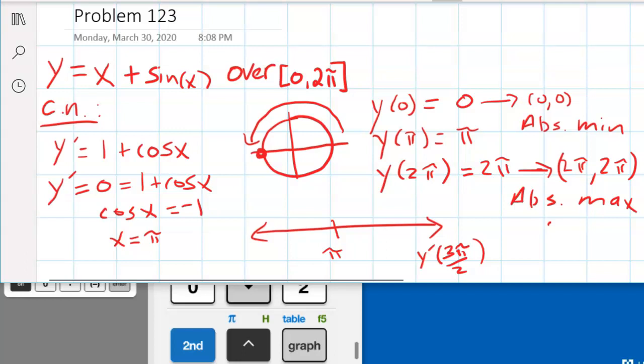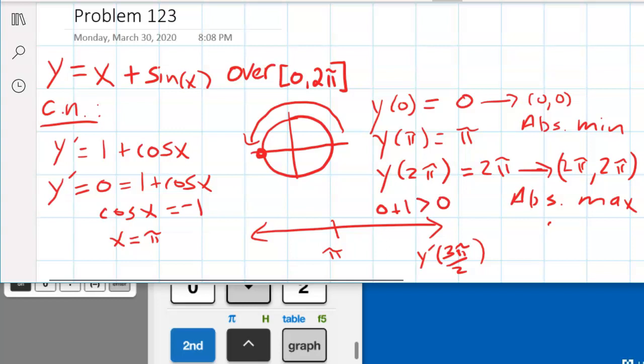The cosine of it is going to be 0. So this will be 0 on this side, and it's the derivative. So that's 0 there plus 1. So this will be bigger than 0 to the right of pi.